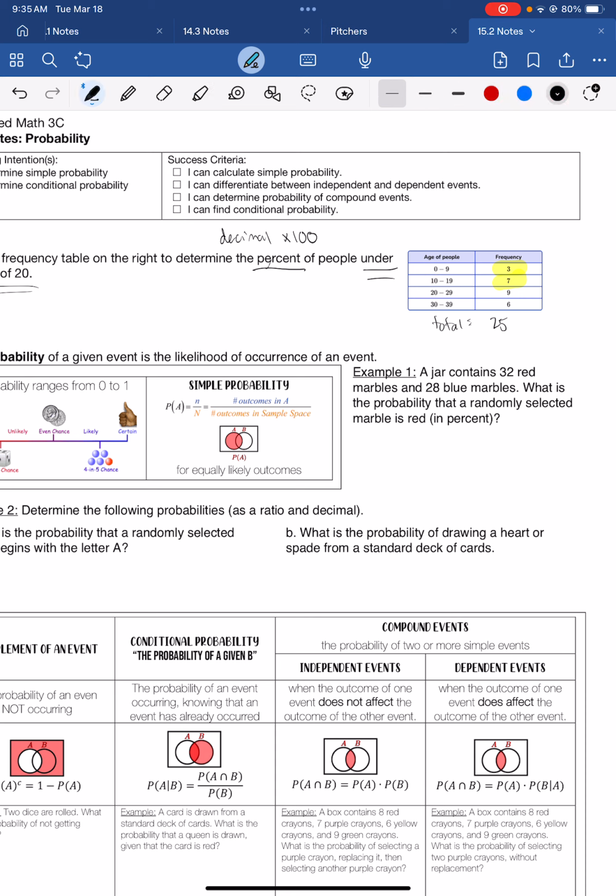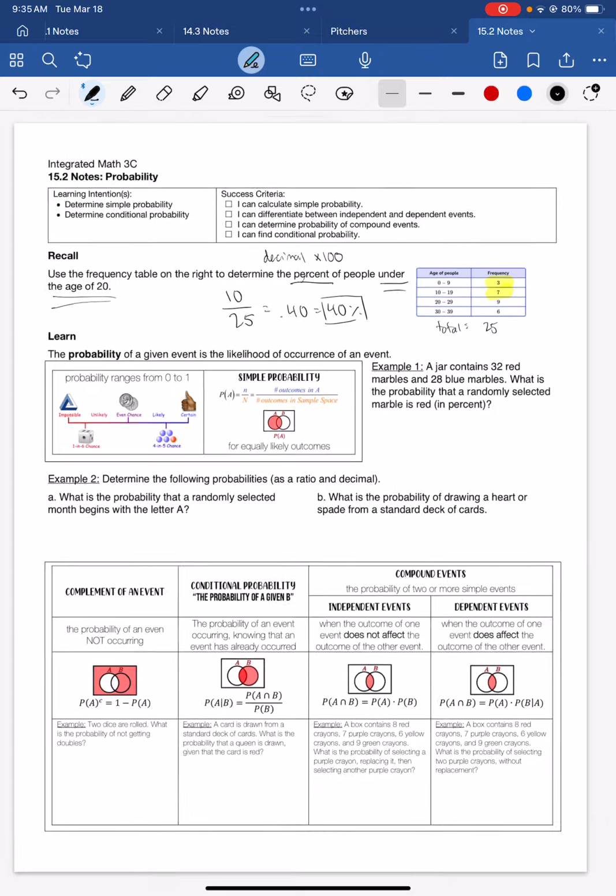So this would be a total of 10 out of 25 people. Okay, 7 plus 3 is 10 out of the 25 total. When you type this in the calculator, you get 0.40, which is equal to 40% of people.